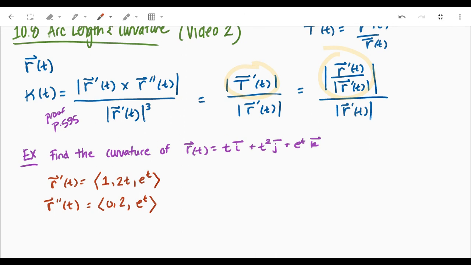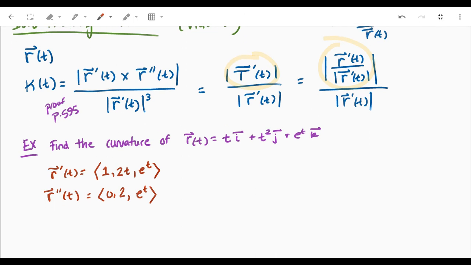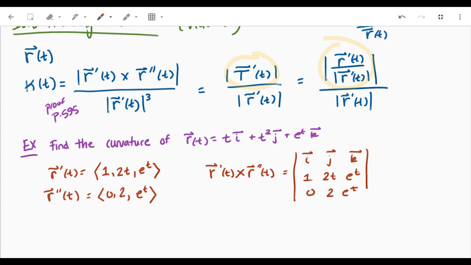Then we can do the cross product of those. So that's going to be the determinant. Okay, so we'll have 2t e to the t minus 2e to the t.